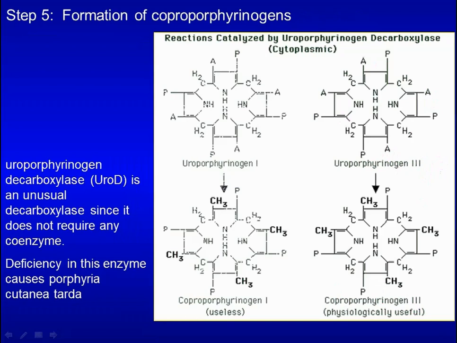This enzyme also catalyzes conversion of uroporphyrinogen 1 to coproporphyrinogen 1. Uroporphyrinogen decarboxylase is an unusual decarboxylase since it does not require any coenzyme. Deficiency in this enzyme causes porphyria cutanea tarda.